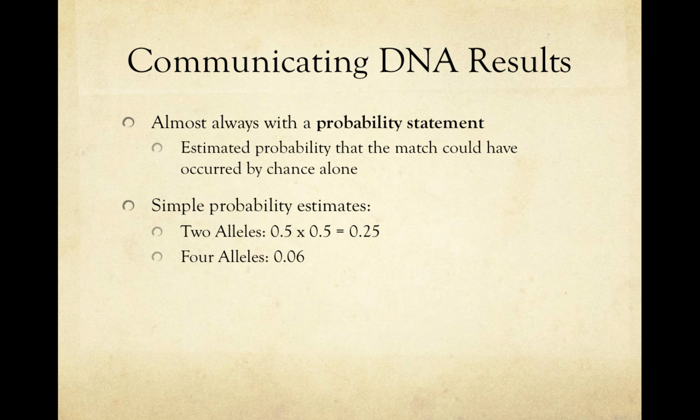But now, say we have four alleles. That would be 0.5 times 0.5 times 0.5 times 0.5. So the probability that all four match just by chance is getting a lot lower. And if you compare 8 alleles, it goes down even further.